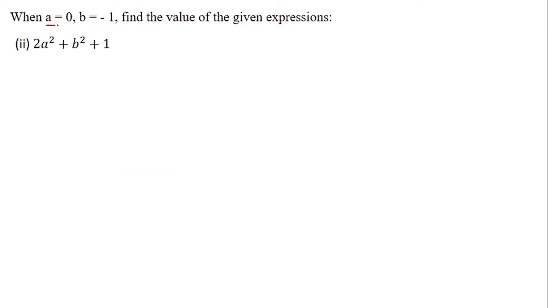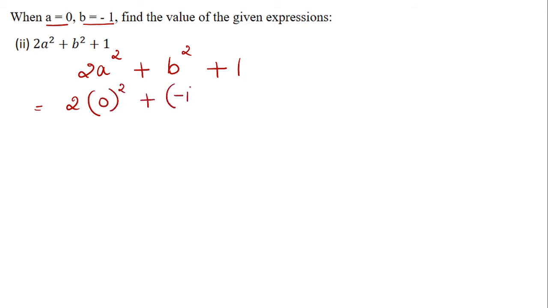When a is equal to 0 and b is equal to minus 1, find the value of 2a square plus b square plus 1. So that's equal to 2 into the value of a is 0. So 0 square plus the value of b is minus 1. They've given here. Minus 1 square plus 1.